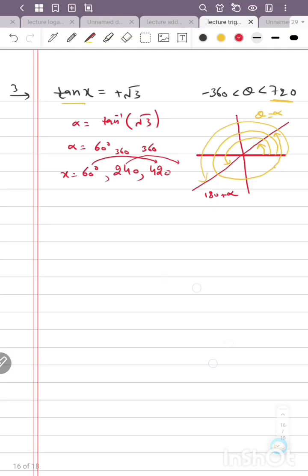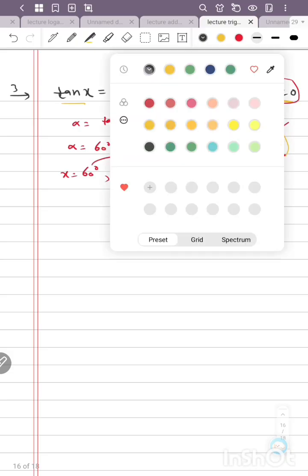Both are the same, right? So we get the answer 780. If we look at our interval, it is 720, not 780. So we just ignore this answer. All these questions were for the positive interval.